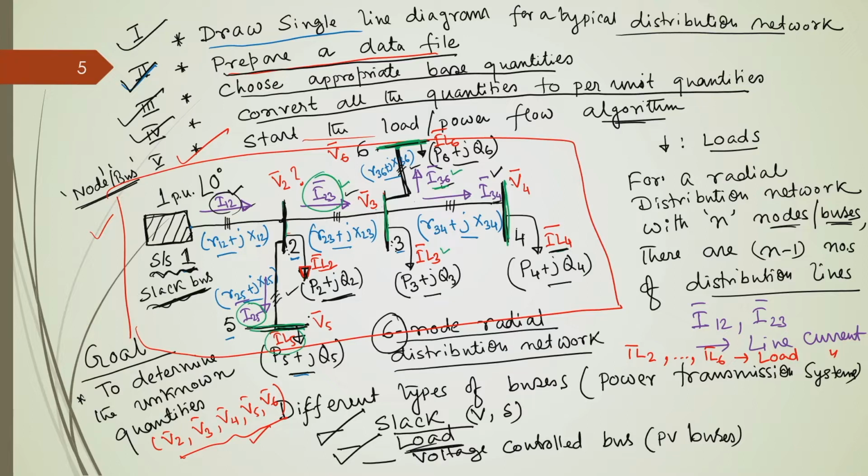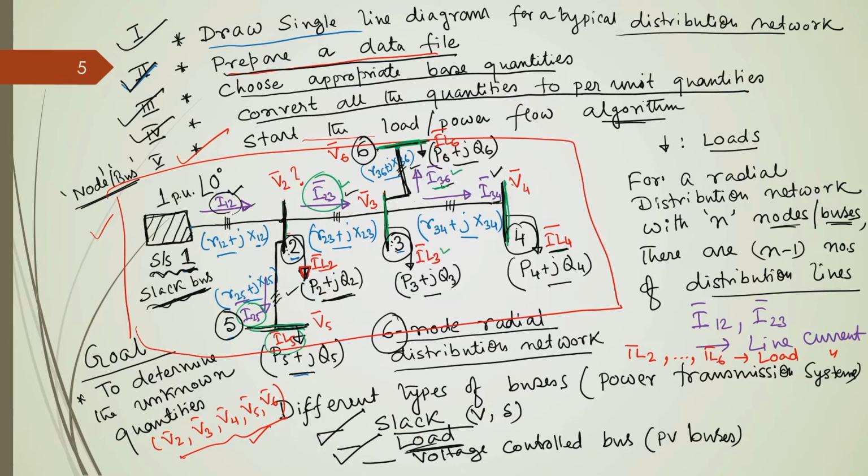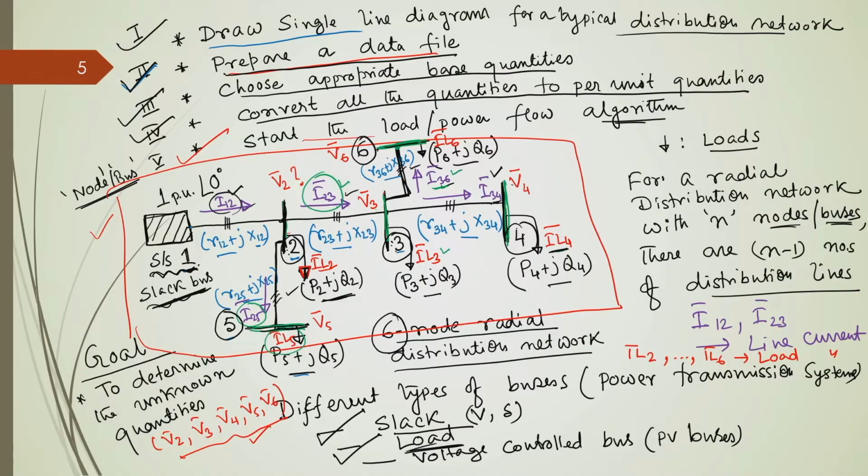So, if you know the nodes beyond any particular node, for example beyond node 2 we have node 5, node 3, node 6 and node 4, then one can find out what power is actually flowing through node 2. And once you chalk that out, you can easily compute the line current flowing through the line connecting node 1 to node 2. So, this is one way, and another way I already discussed.